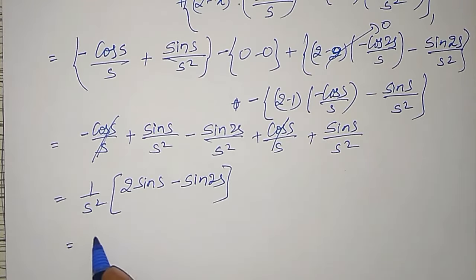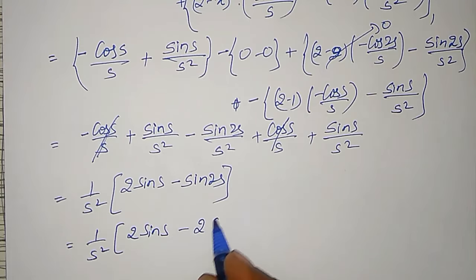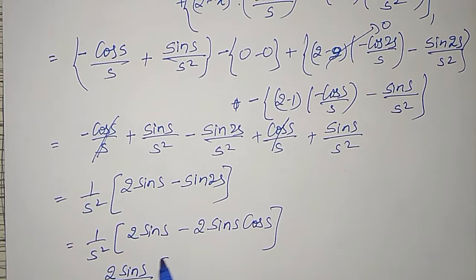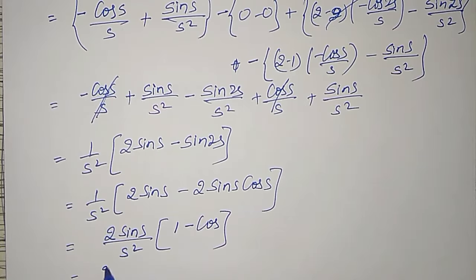I can further solve here: 1 by s square into 2 sin s minus sin 2s, which can be written as 2 sin s into cos s, and from these two I can take 2 sin s common, divided by s square as it is, into 1 minus cos s. 1 minus cos s can be written as 2 sin s divided by s square into 2 times sin square s by 2.